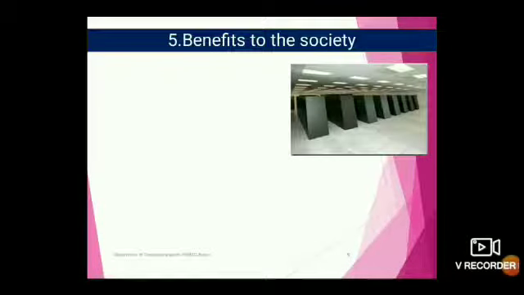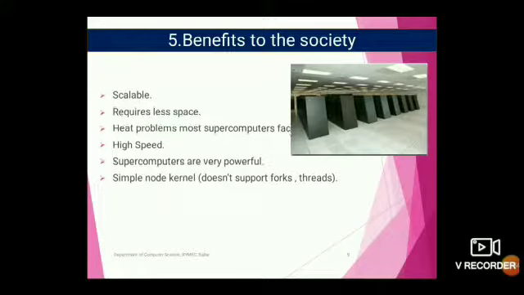Now, what are the benefits? It is scalable. It offers ease of use, system balance, and sustained performance, and it also requires less space. The supercomputer has a capacity of 200 to 300 gigabytes or more, while normal systems have a hard drive in contrast.